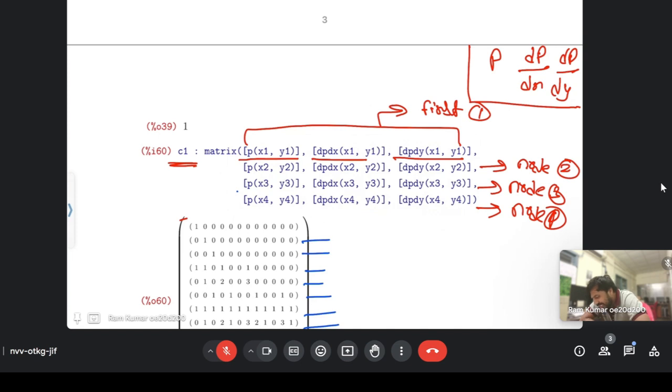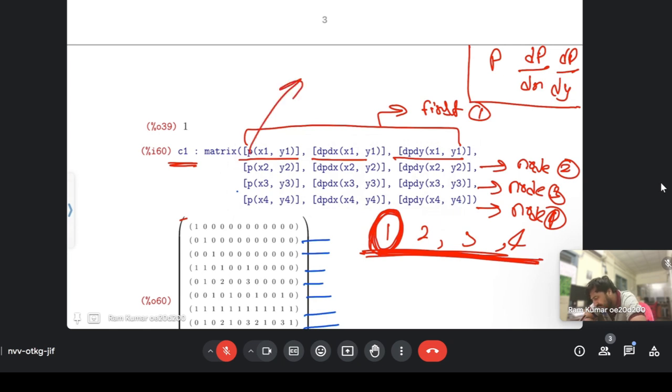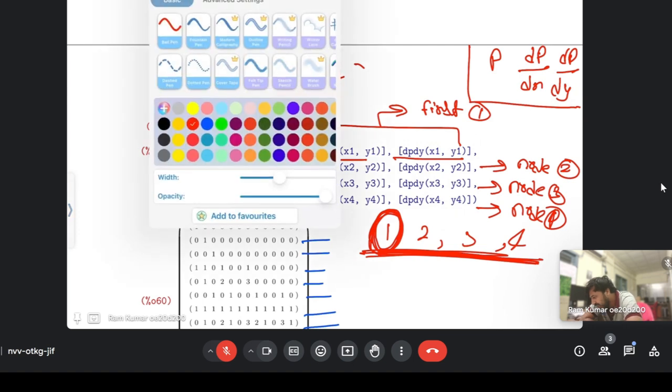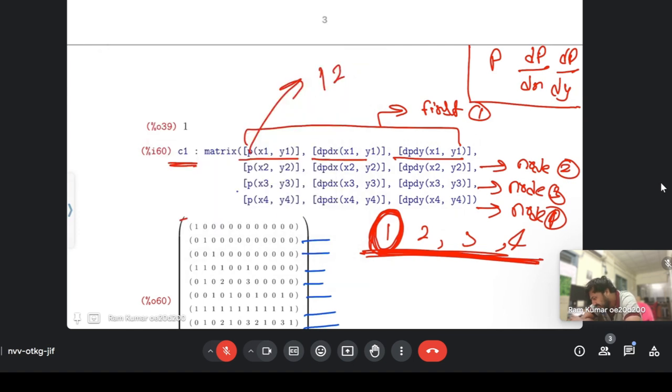So this is written in row form, and each row has 12 elements, because this is 12 by 12. This is 1 cross 12, or 12 cross 1, because it has only 1 column.